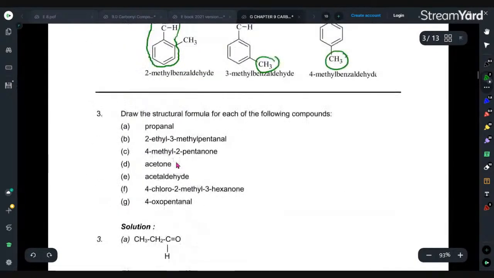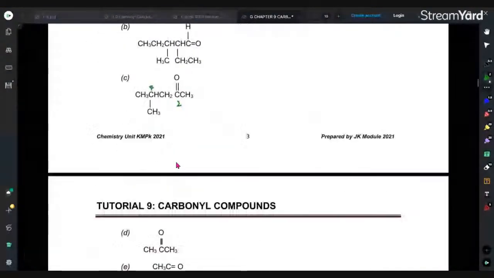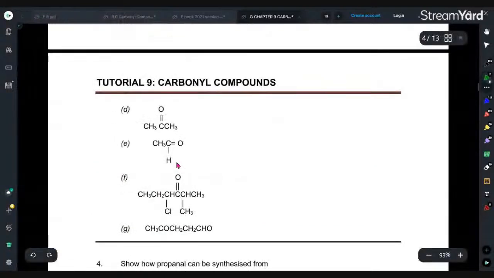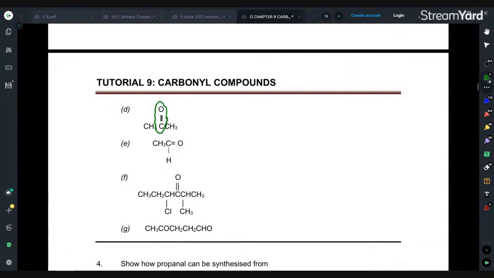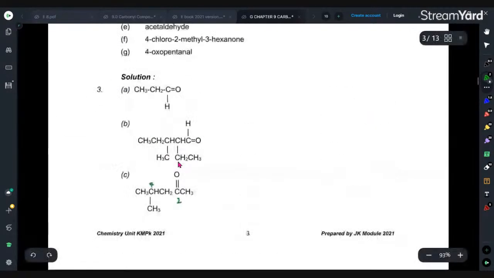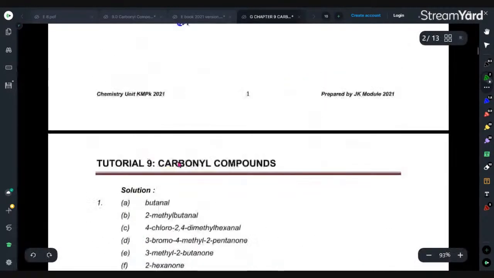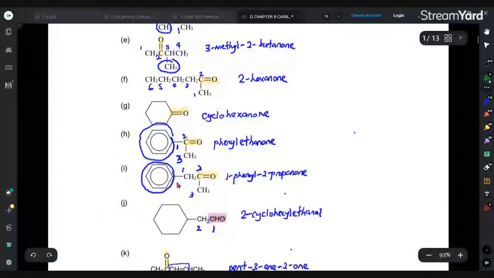So acetone, what is acetone? Acetone is ketone, propanone. We can call it 2-propanone. For propanone we don't need to mention the position because there is only one position. That's why we just call it propanone. Like just now, right, Daniel? The position of this substituent is number one.